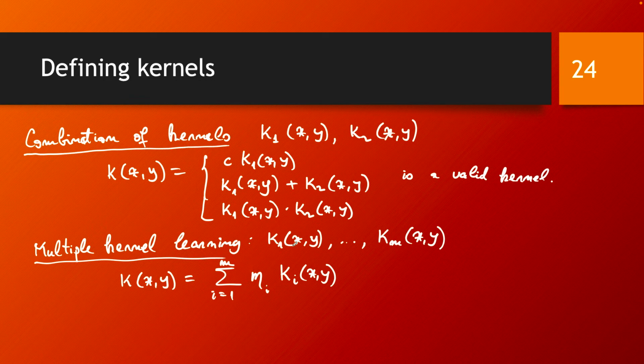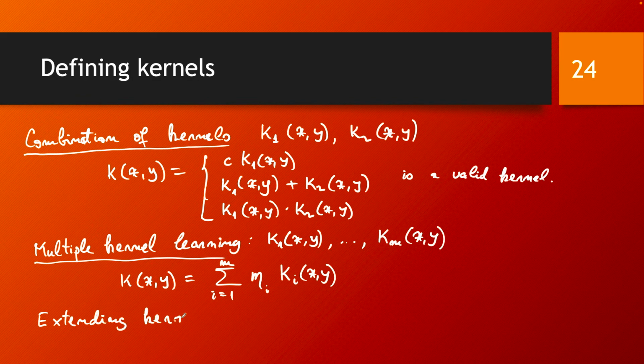So in other words, you don't have to choose any one of these kernels, but you can use all of them simultaneously and leave it for the learning part to figure out which is the best balance between these kernels for your dataset.